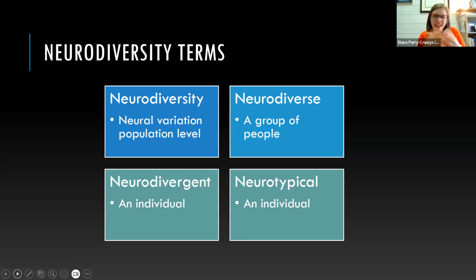And if someone doesn't feel like they fit into those categorizations, or someone else observes them and says that they don't fit into that, then that person would be categorized as neurodivergent. And there are lots and lots of different ways to be neurodivergent.